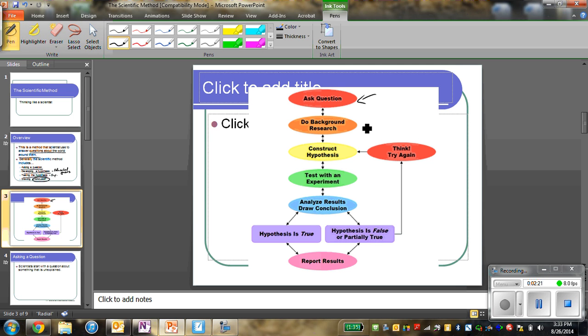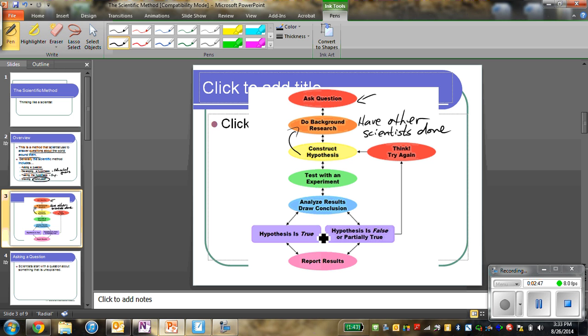You'll see what other scientists have done. You'll then construct a hypothesis, which is, again, an educated guess based on the research. You'll test that hypothesis with an experiment, and then you'll analyze your results.